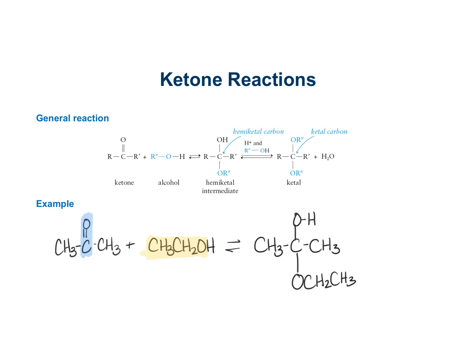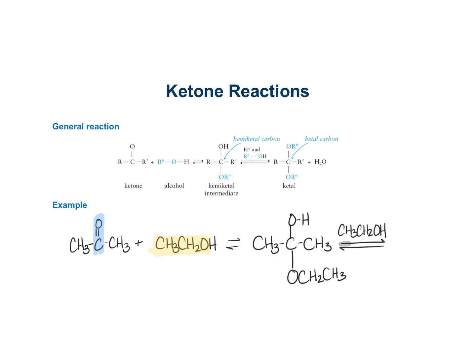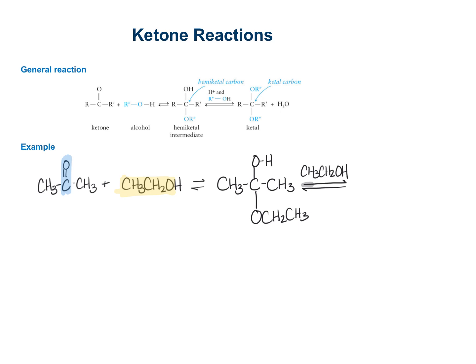Then what can happen next is that this can go on and react with another molecule of the ethanol, the CH3, CH2, OH, and this part of the molecule will attach where the OH is.